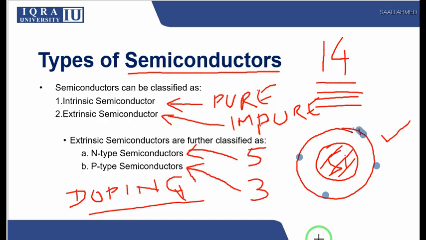So after the doping process, there can be two types of semiconductors: the n-type semiconductor made when pentavalent impurities are used, and the p-type semiconductor when trivalent impurities are used.